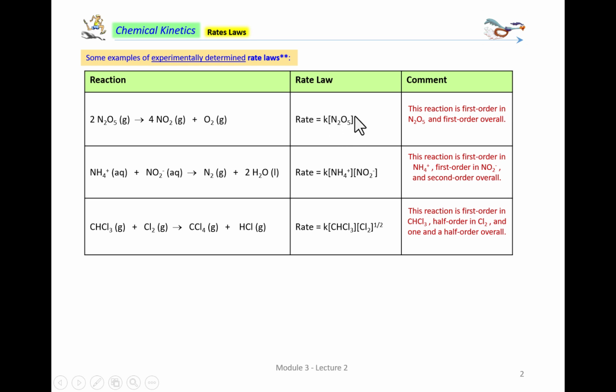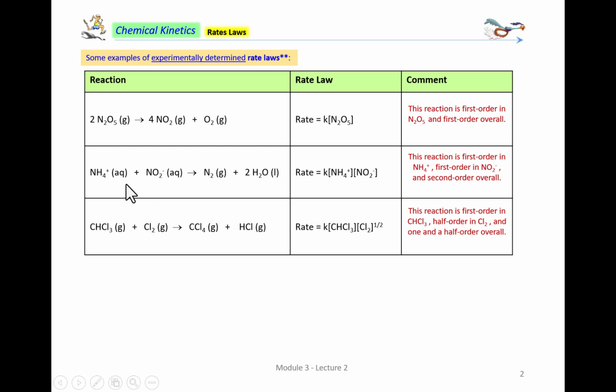There's a 1 exponent there. Note it's to the first power even though the coefficient in front of N2O5 in the balanced equation is 2. We say this reaction is first order in N2O5 because of the exponent 1, and first order overall.